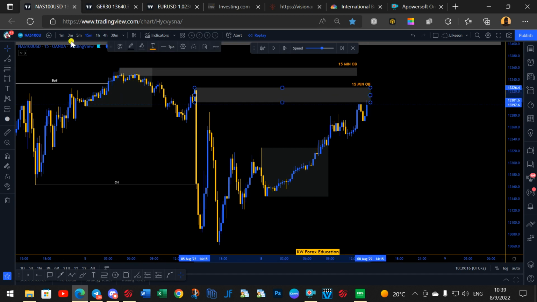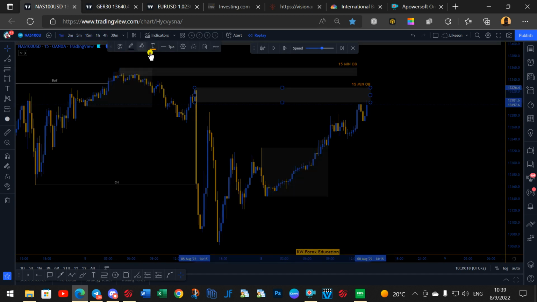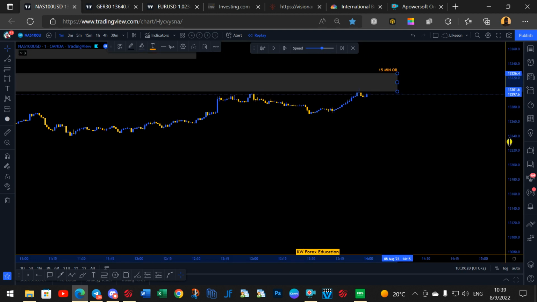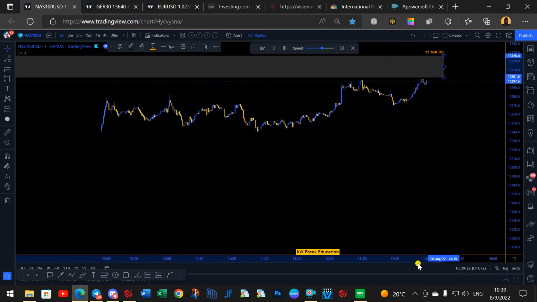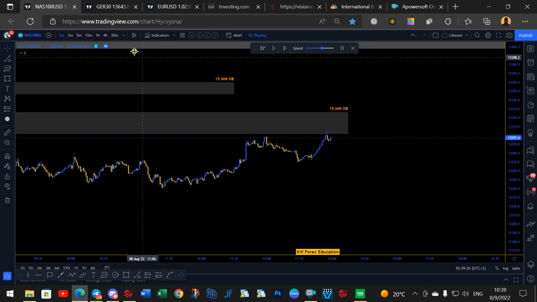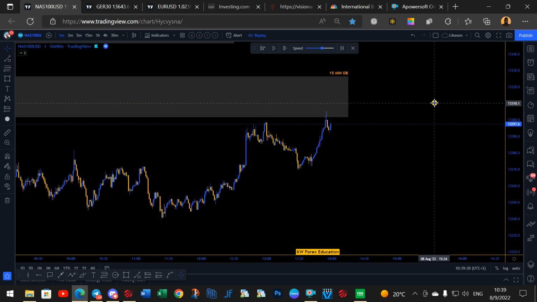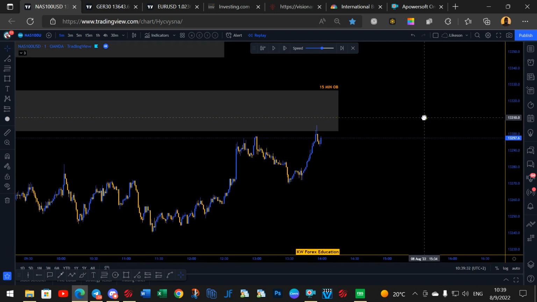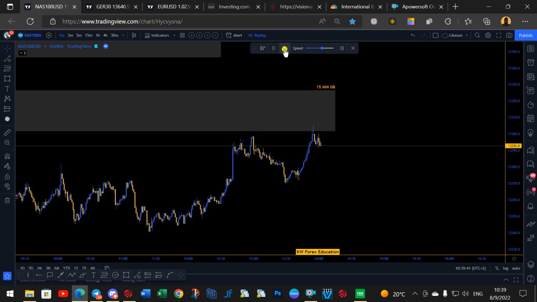So right there we had a mitigation, so I had to go on 1 minute to see if I was going to get any break of structure.